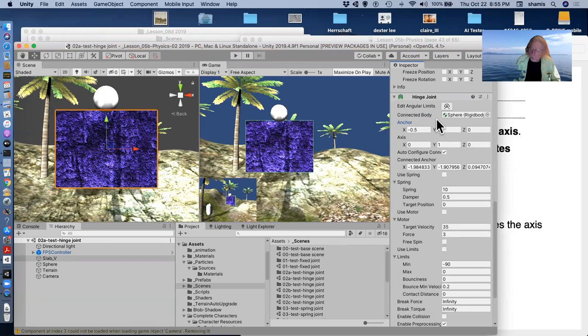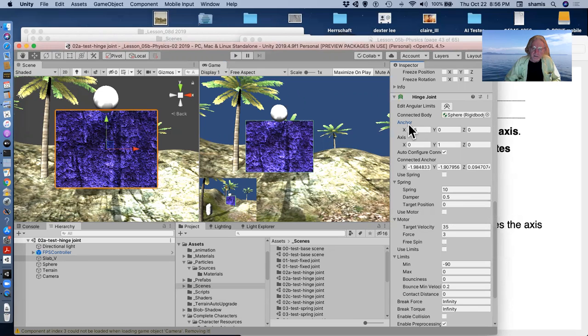So the world, of course, has a coordinate system. It has an origin, 0, 0, 0. And so with connected body set to none or blank, we're connected to the world. This would work exactly the same way, but it's better to connect it to a physical object.